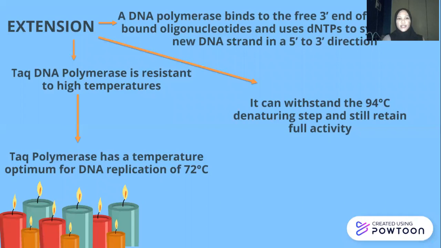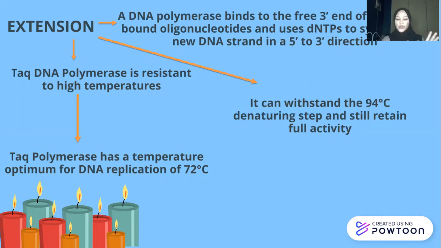Okay, for the extension, we must increase the temperature to 72 Celsius for the PCR process. In this process, the polymerase extends the primer, synthesizing new strands of DNA, adding new nucleotides to the short sequence of the primer to form new strands of DNA.